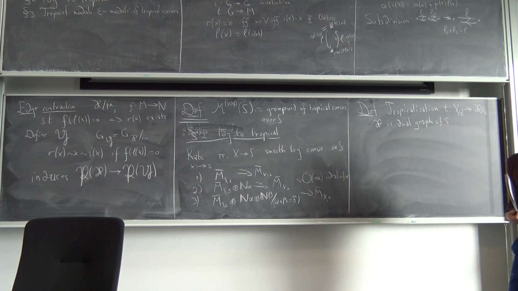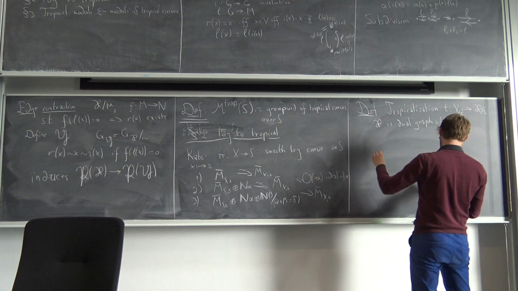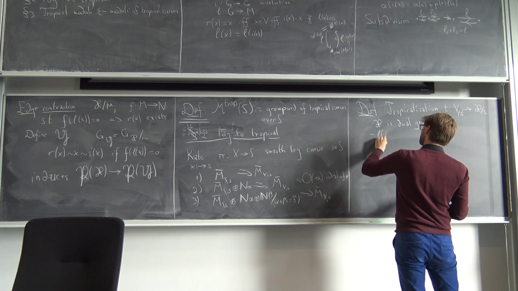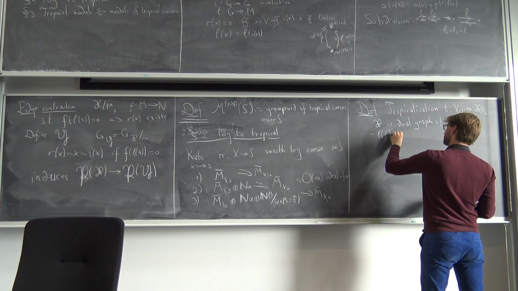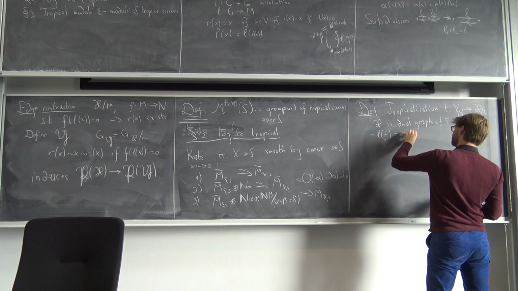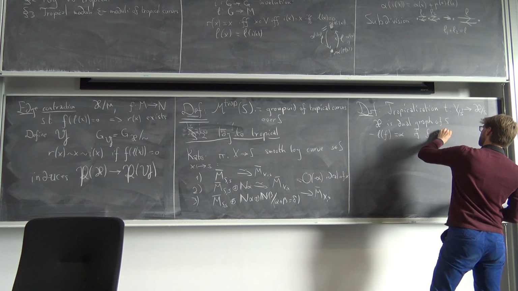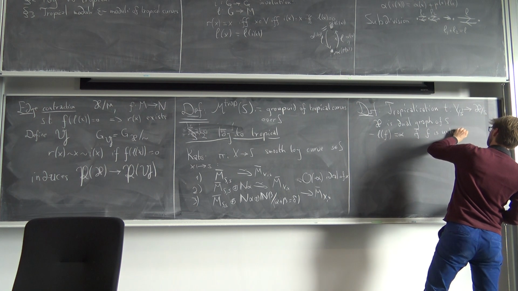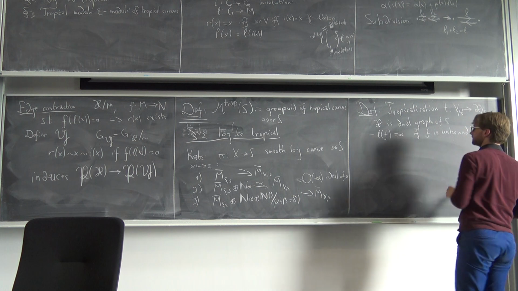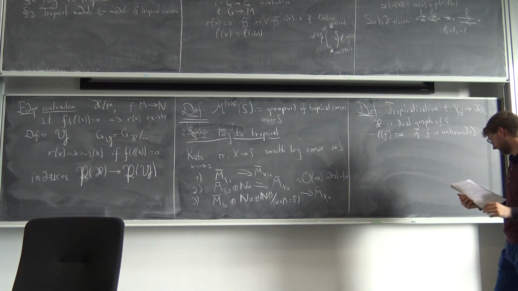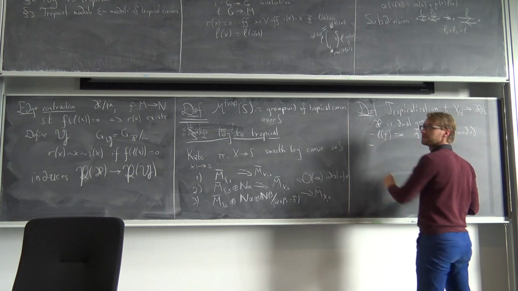Of course you should see this locally, so over every point it is the dual graph of the fiber over that point, where the length of f equals alpha if f is unbounded, and we're not sure whether that's well defined now apparently, but okay. That thing is a bullet point, not a minus sign.